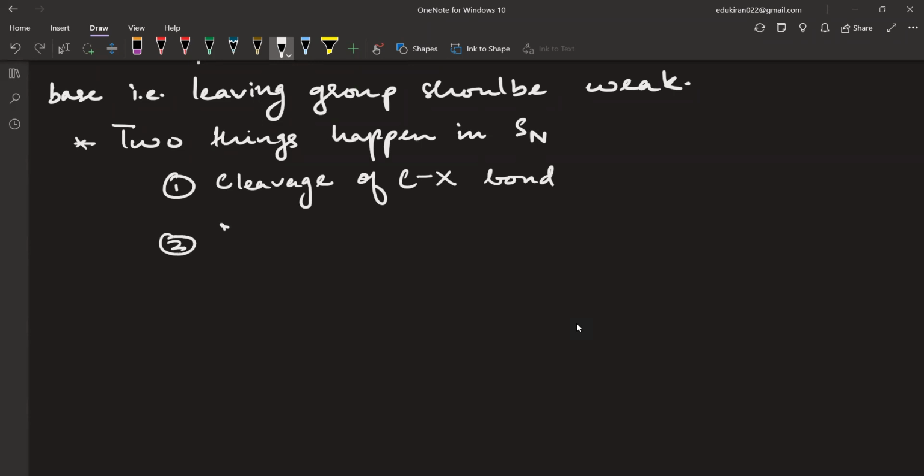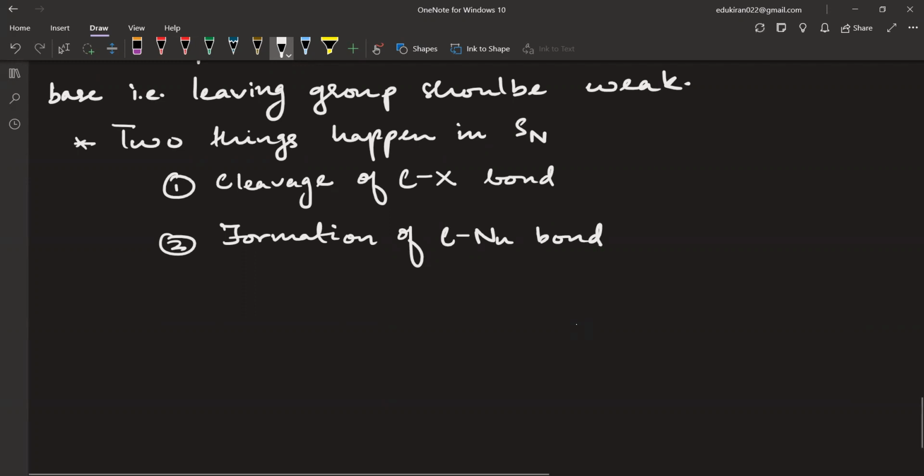Second thing that happens is formation of the carbon-nucleophile bond. These are the two things that happen. Now you won't write after this.